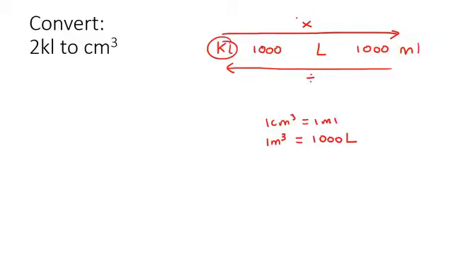You might have to take a bit of time to think about what we've said there. Because these two do not go together, we cannot find them directly. But we can put these two together, and then we've got milliliters, and then we can get centimeters. Let me show you what I'm talking about.